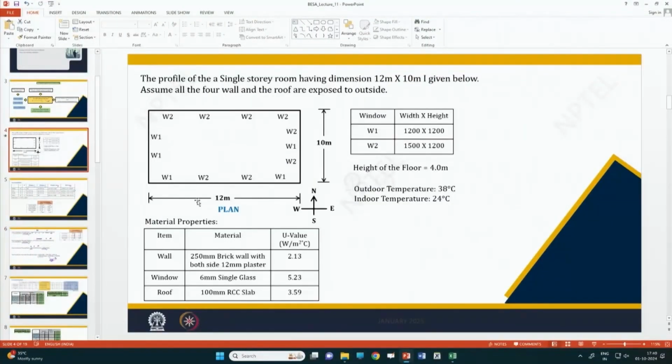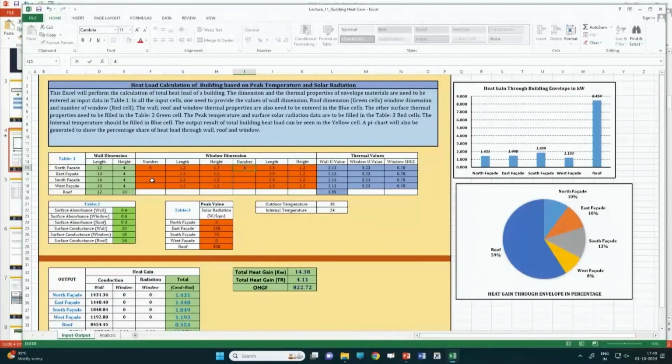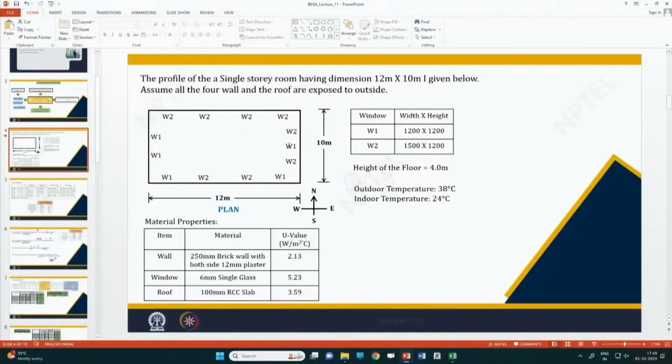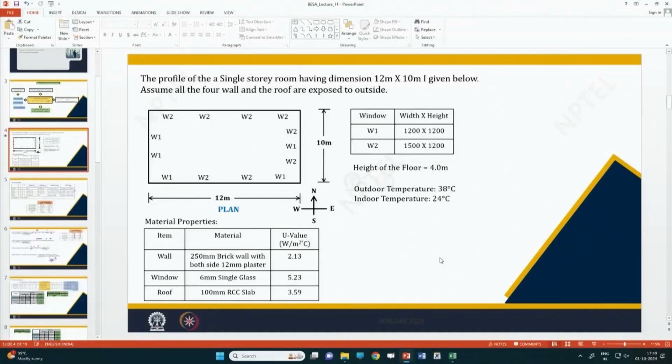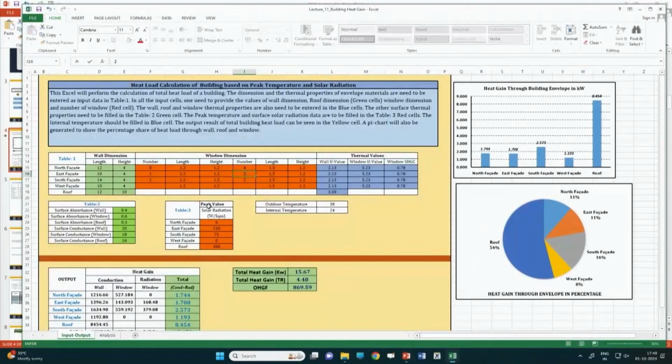The southern side is 2 and 2. The eastern side is 1 and 2, and the western side is 2 and 0.